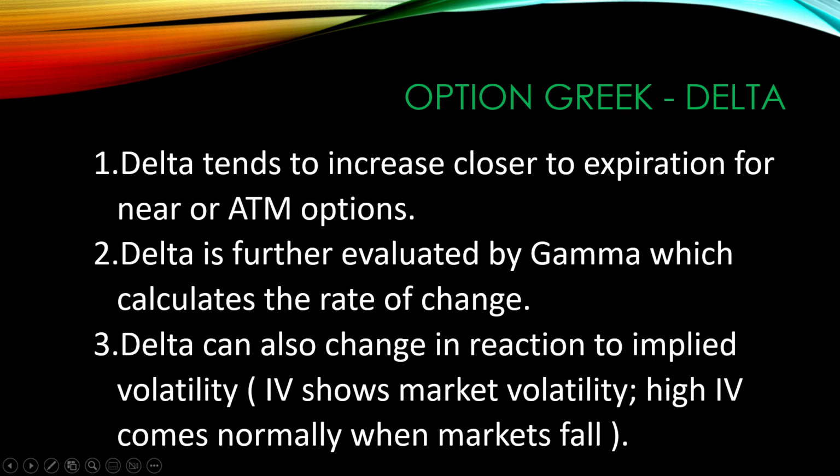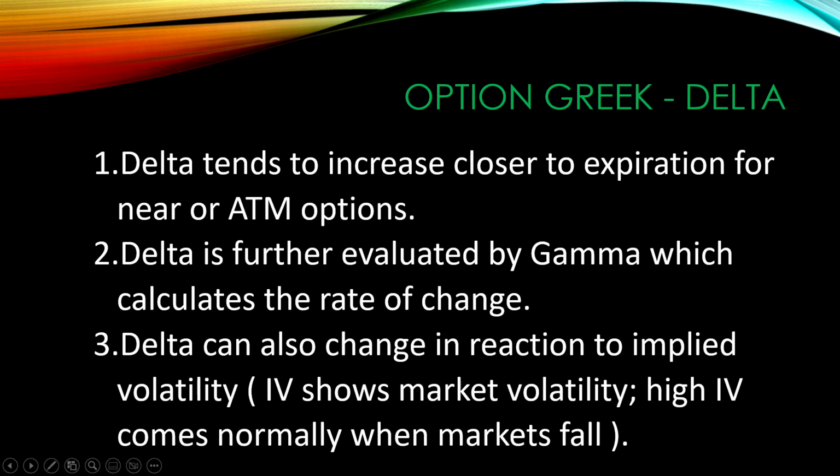How? Delta is further evaluated by gamma, which calculates the rate of change. So at what rate a premium should increase, this is decided by gamma. So gamma we will discuss in the next video. So let's concentrate now on delta only.